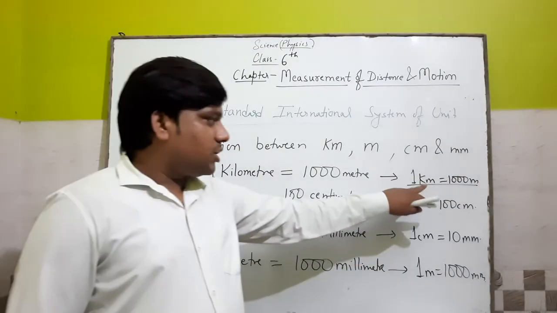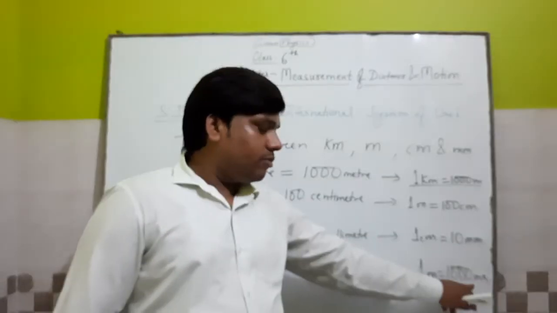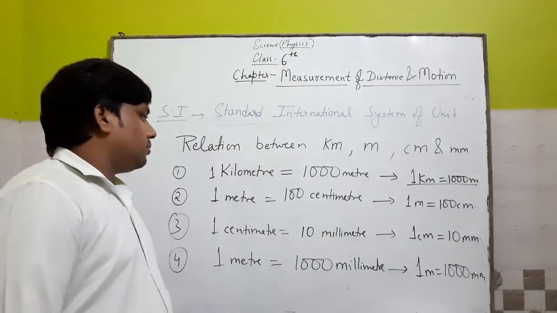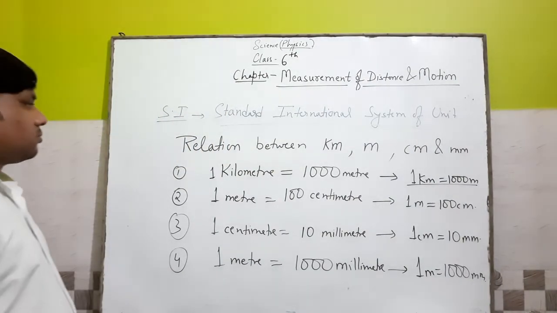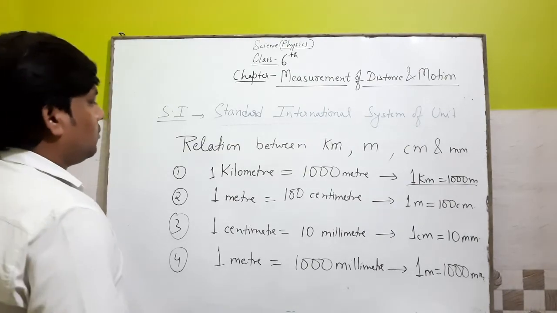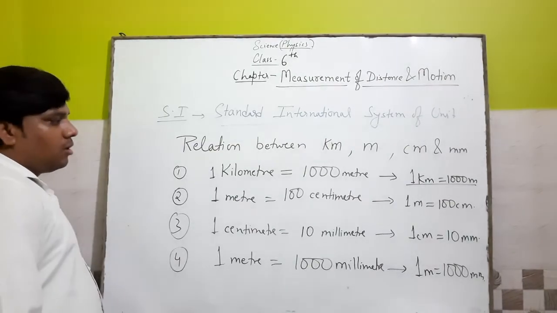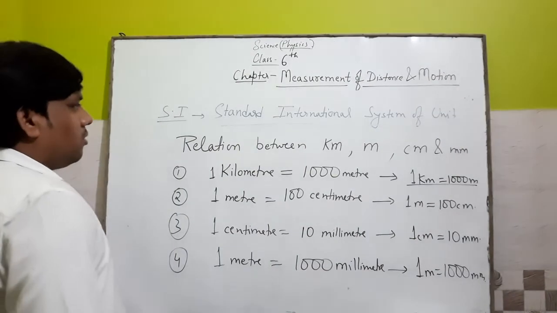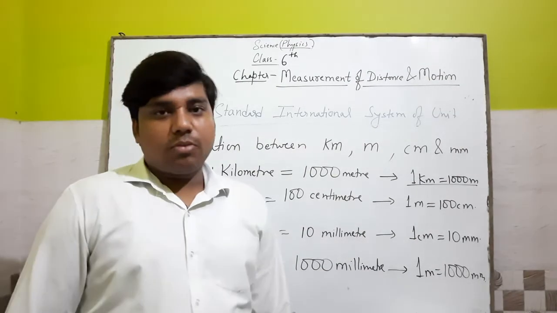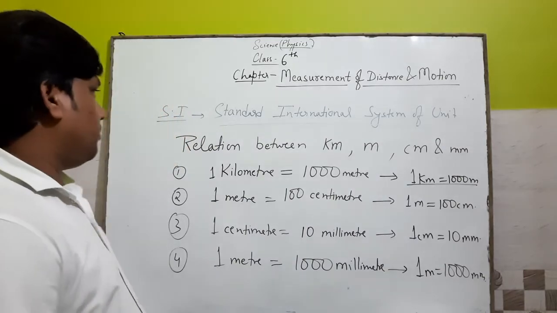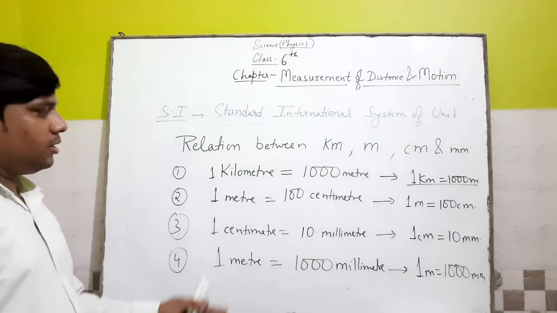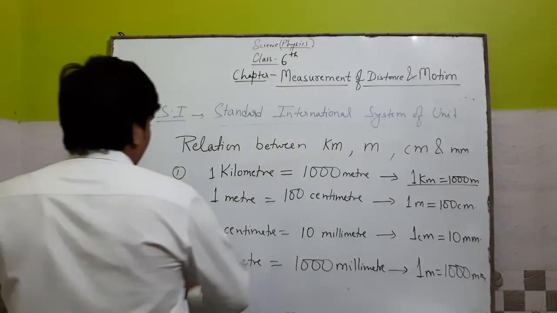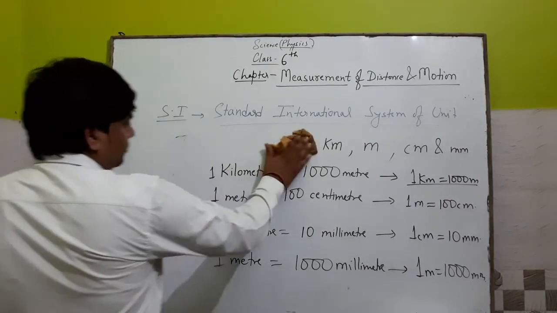The biggest unit is kilometer and the smallest unit is what? Millimeter. Understood? Now we will do some questions based on this. Let's do it.